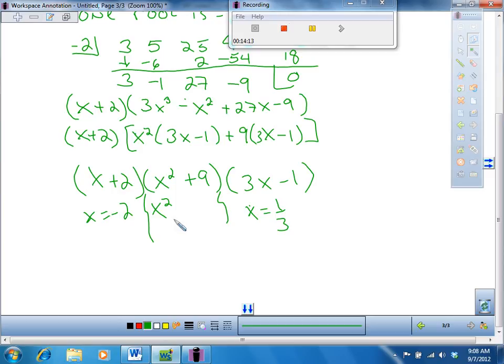So x squared equals -9, so x equals plus or minus the square root of -9, or x equals plus or minus 3i. So a 4th degree equation, you have 4 roots, 2 of which are real and 2 of which are imaginary or complex.